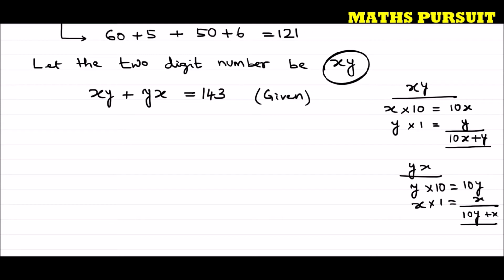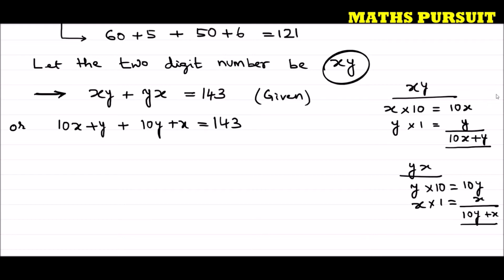Now the equation that the question has given us is xy plus yx is equal to 143. Or I can expand this and write, instead of xy, 10x plus y, plus 10y plus x is equal to 143.